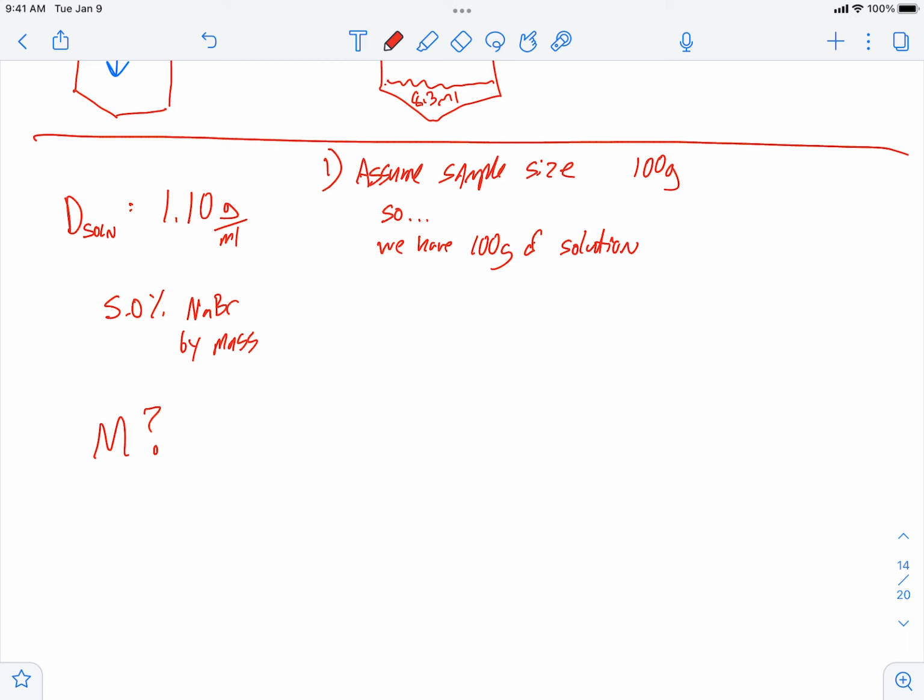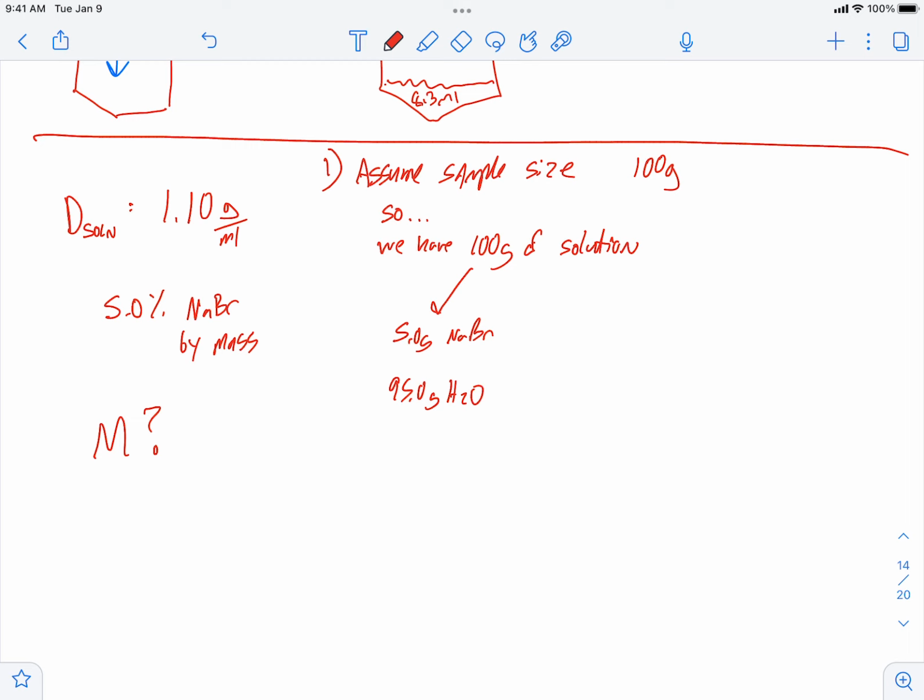How does that 5% now become helpful? What if I said, what's 5% of 100? It's 5 grams. Do you see how, because they told us it's 5% sodium bromide, that means 5% of my solution is sodium bromide. So that means I've got 5 grams of NaBr, and I have 95 grams of water.